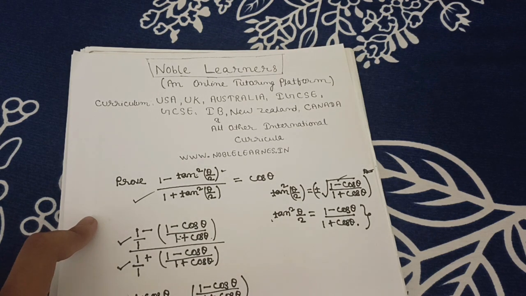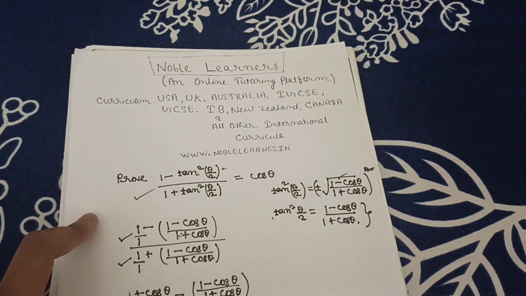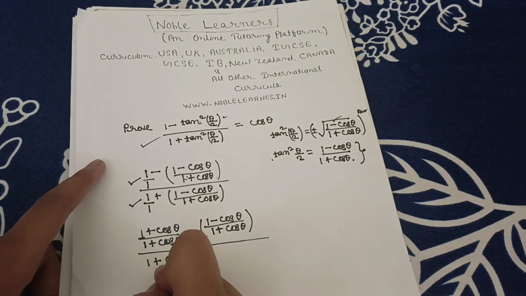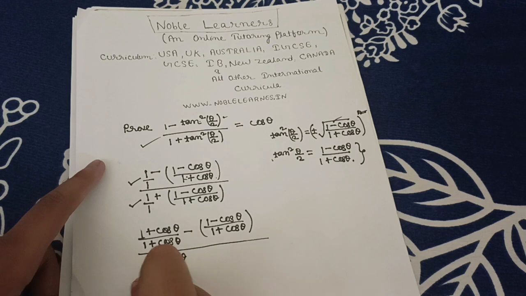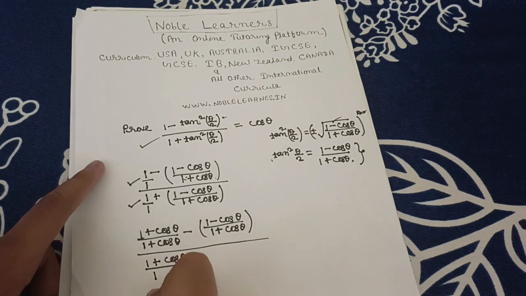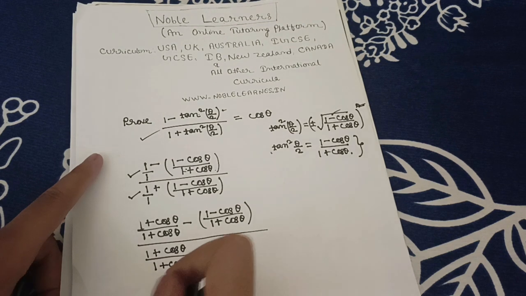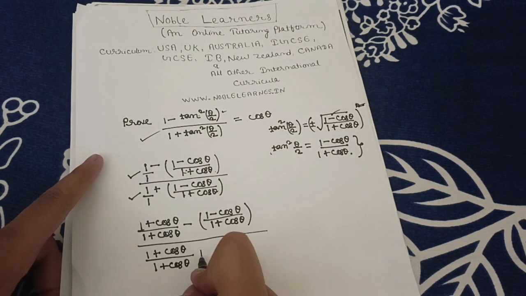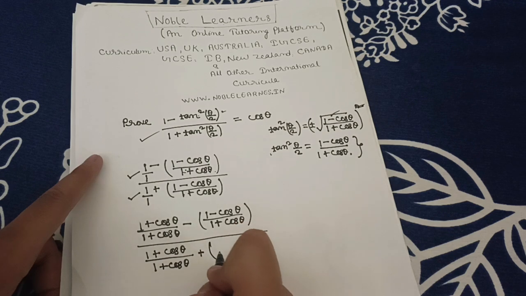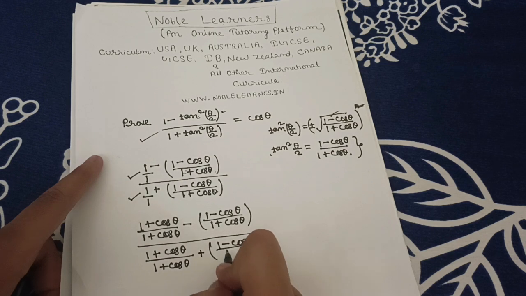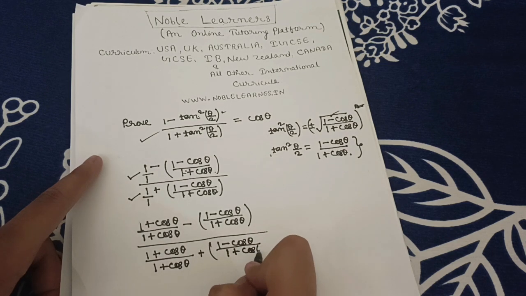So I'm going to write 1 plus cosine theta upon 1 plus cosine theta, and then we have a plus sign and I'm just going to copy that one, 1 minus cosine theta upon 1 plus cosine theta.